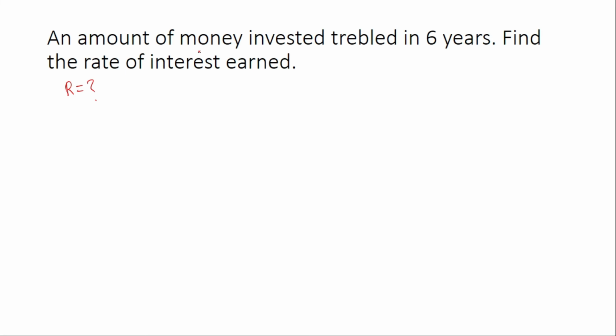Since we don't know what the principal is, let principal is equal to P. As per the question, amount is getting tripled, that means 3P. So value of interest will be 3P minus P equal to 2P.